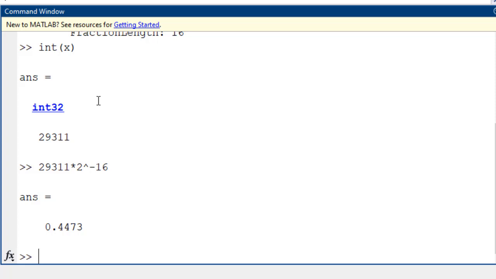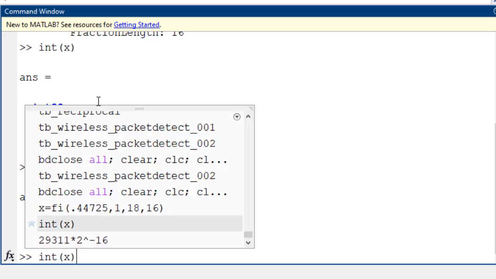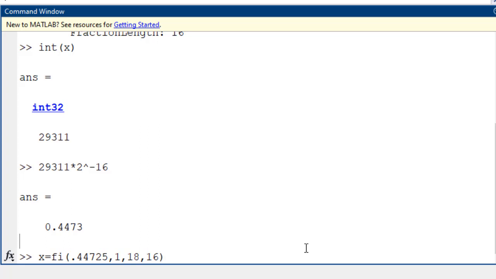The other thing to be aware of is that there's a natural range that you can represent for any fixed point word length and fraction length. If you go back and review 2's complement arithmetic and notation, you'll see you can always go a little bit further in the negative than in the positive. That's because 0 is treated as a positive number in 2's complement, so it chews up one of the values.